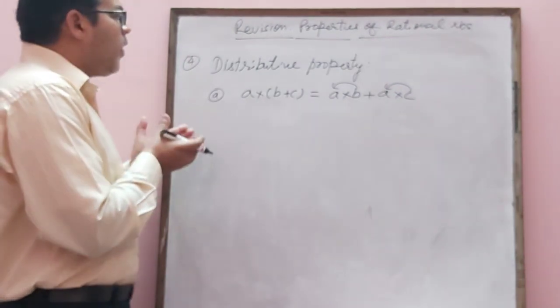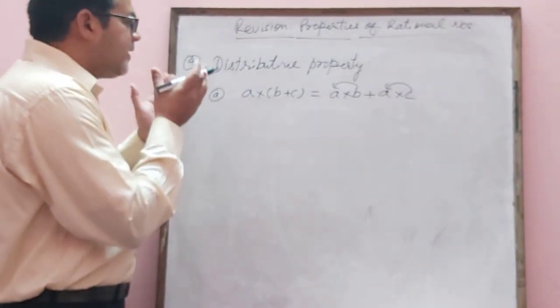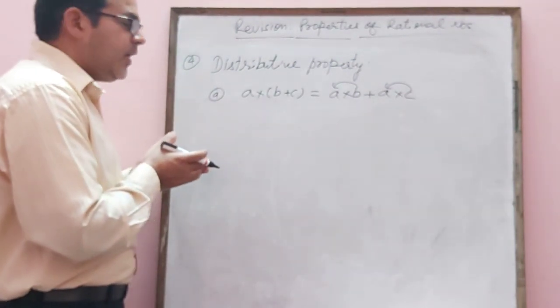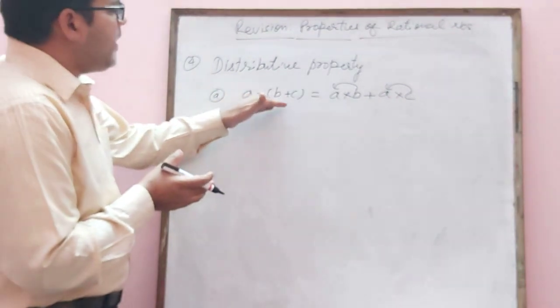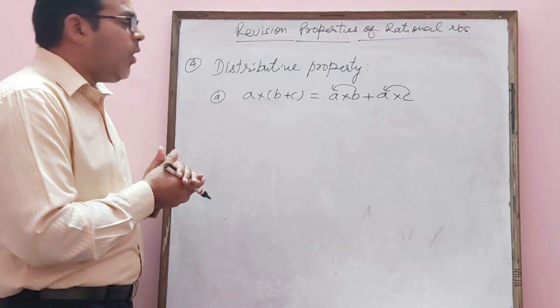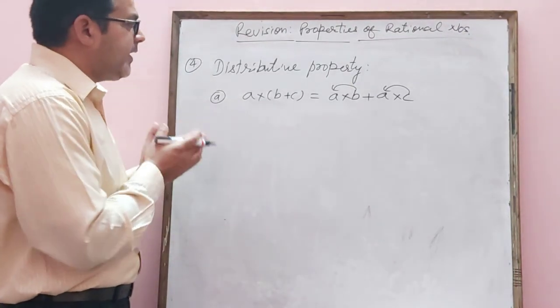That's the reason why it is called the distributive property. A is distributed with B and with C. Right? A, B and C, we assume that these are rational numbers. Now we will check it, we will prove how this relation is true.